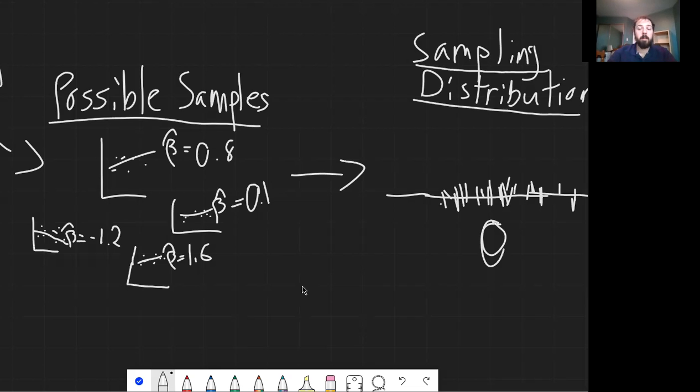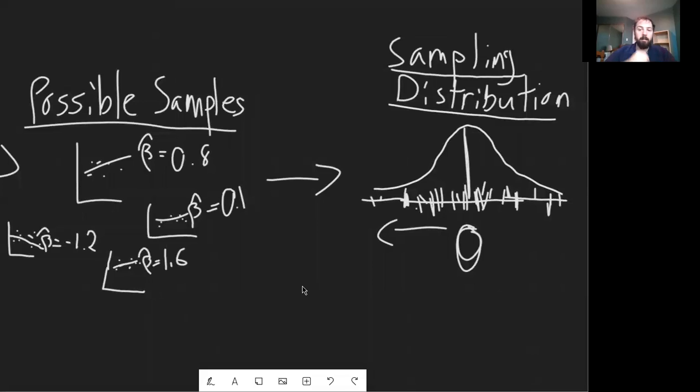But most of them are going to be close to zero, and as we move far away from zero, we see fewer and fewer. So we end up getting most of them close to zero. The probability that one is close to zero is very high. Further away from zero, it's less likely that we're going to see a slope that far away just by chance. So this is why a sampling distribution is important.